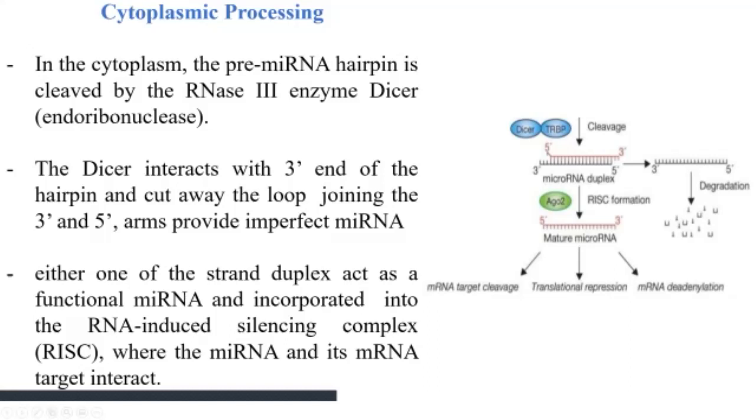After either one of these strands joins with the RISC, it becomes a mature microRNA. This mature microRNA binds to the target mRNA to bring about mRNA target cleavage, translational repression, and mRNA deadenylation. The other strand of the microRNA undergoes degradation.